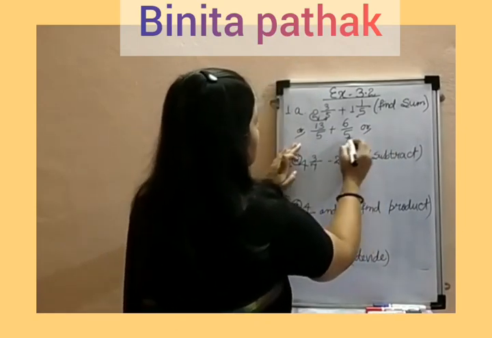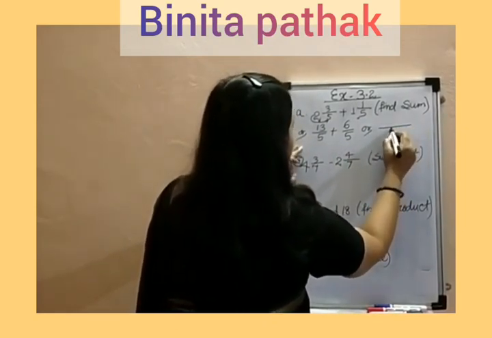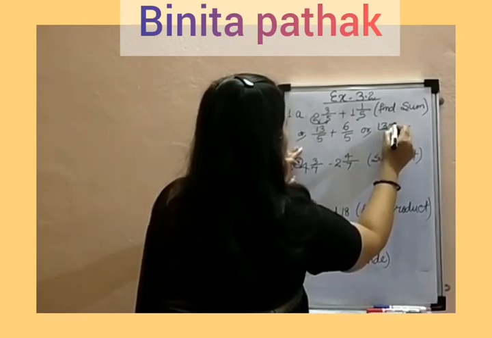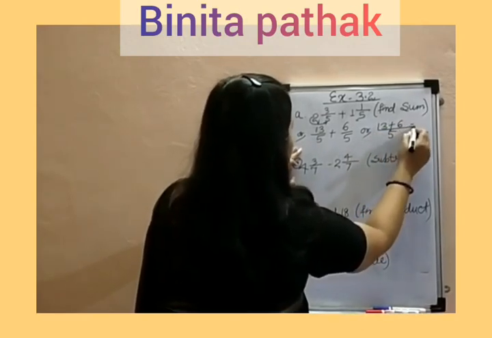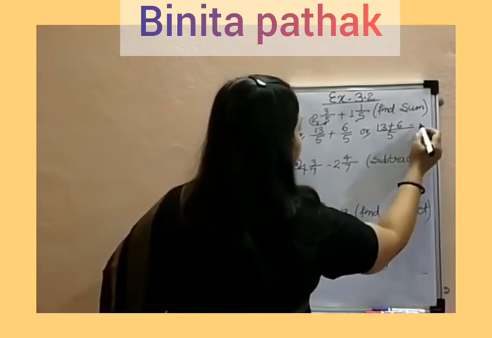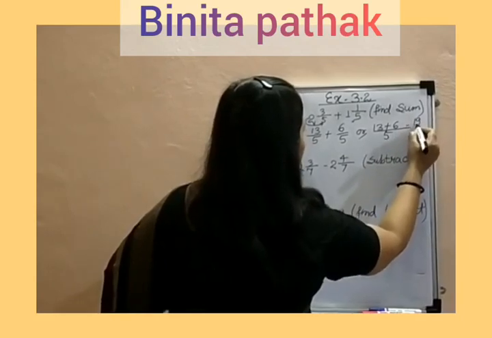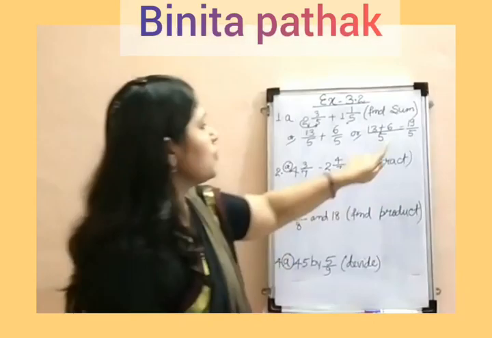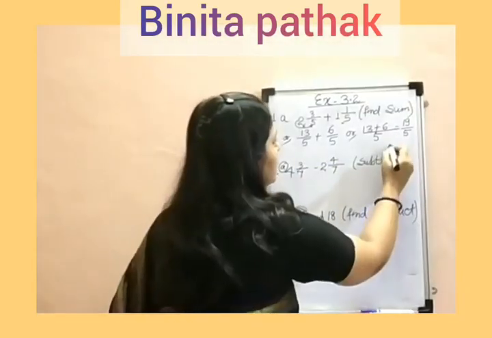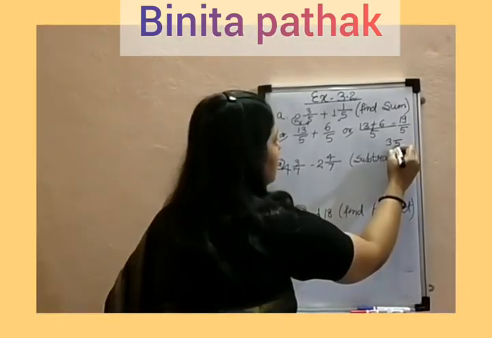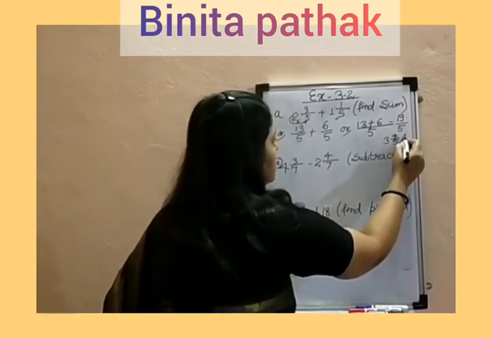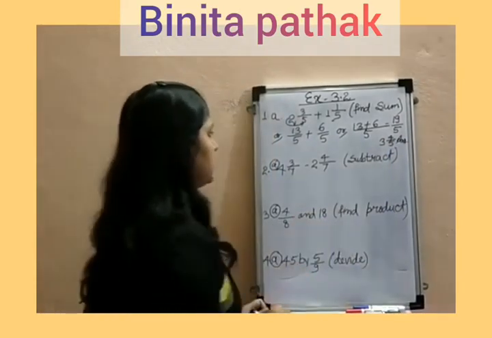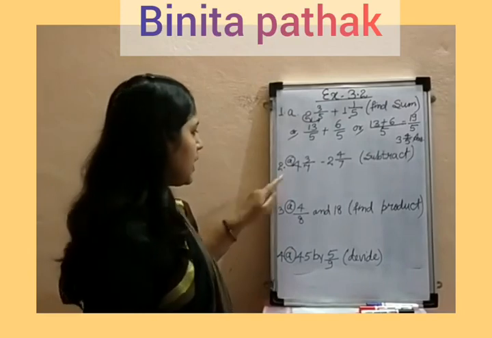Because the denominators are same, write the denominator here, and 13 plus 6, that is 19 upon 5. I am going to convert it into mixed fraction. 5 3s are 15 and 4. This is the answer.